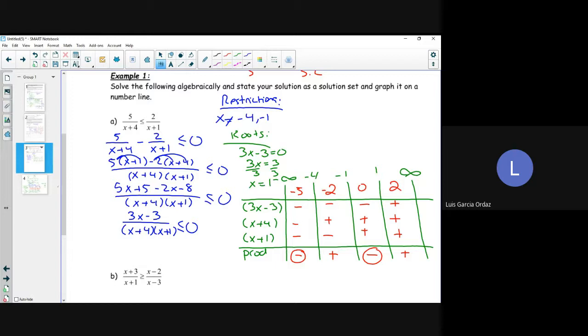So we want to state it in set notation. Again, with set notation, we're going to start with x belongs to the real numbers such that, what are our conditions for this solution set?